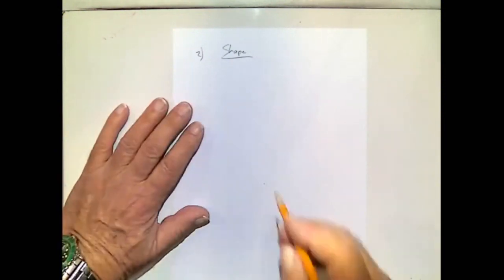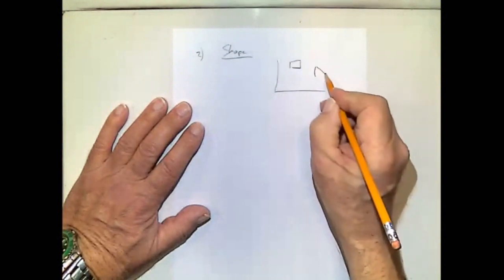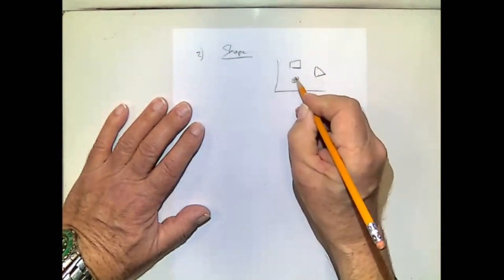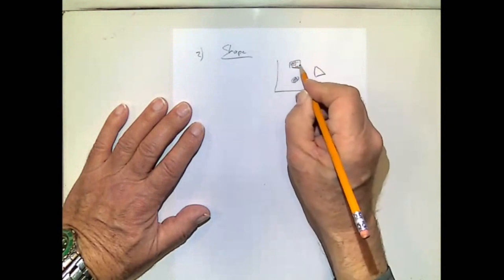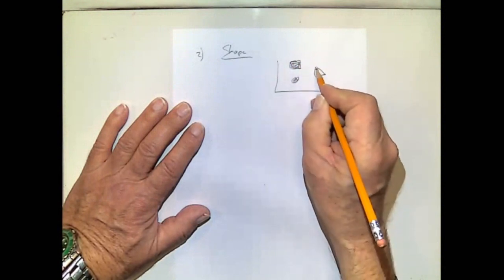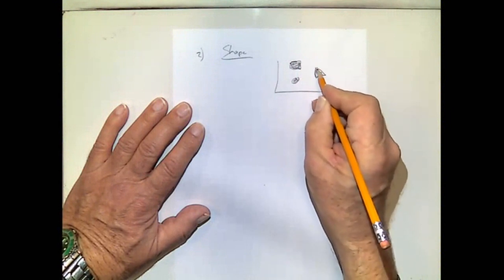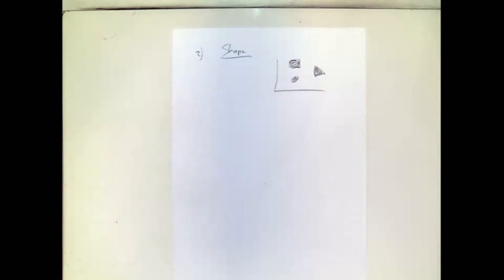We want to look at images with squares in them and triangles and circles. Find me an image that has squares, circles and triangles in it.